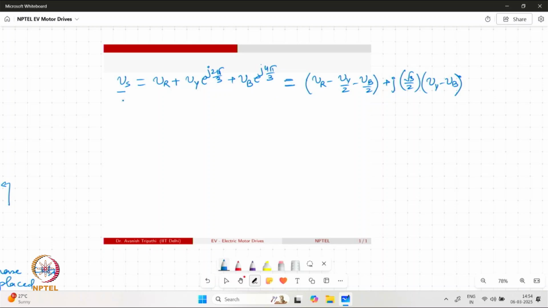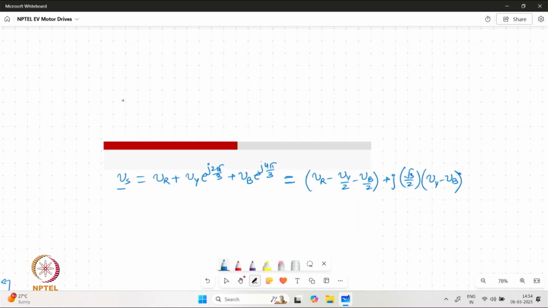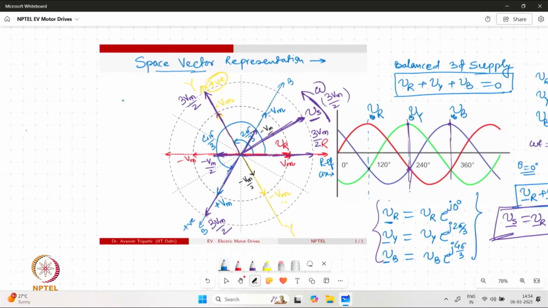In general, any vector, as we understand, can be represented in a plane by using two orthogonal components. What we have essentially drawn as our reference axis, we can call the real axis, and then we have the orthogonal axis, which we can take as the imaginary axis, and we can name these real and imaginary axes as, say, alpha and beta.